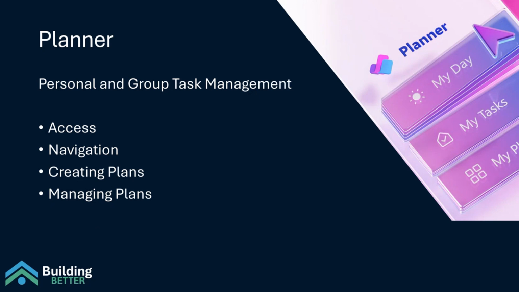Then Planner, which was their Trello tool. And then now they're actually combining in Microsoft Project and some other things like tasks in Outlook, all being combined into one app. They're calling that one app Planner Plus, I believe, or Planner Premium. So that has additional features and things like that.